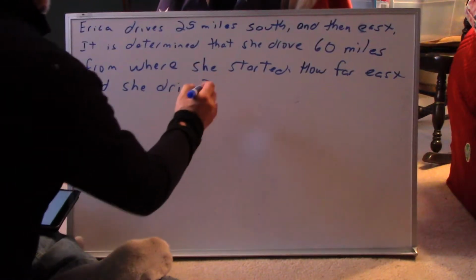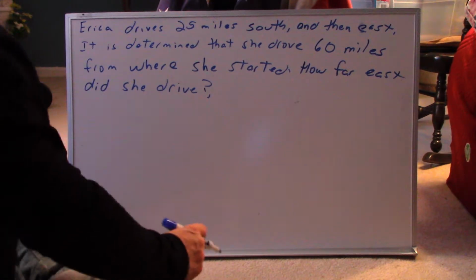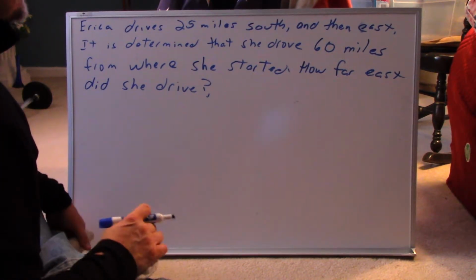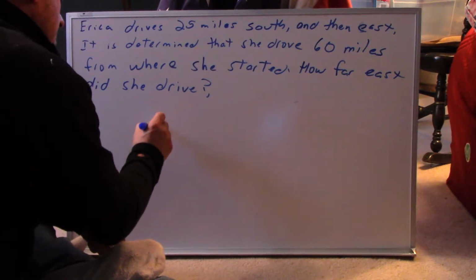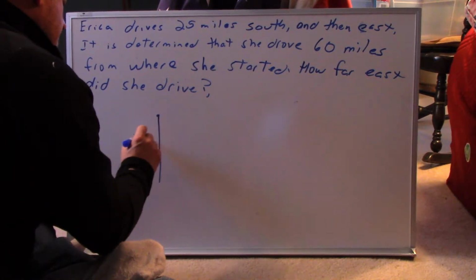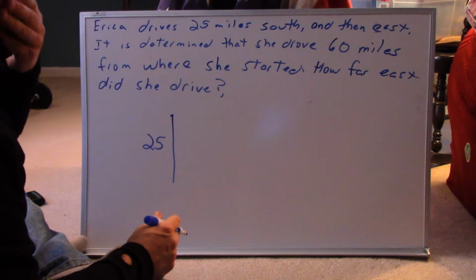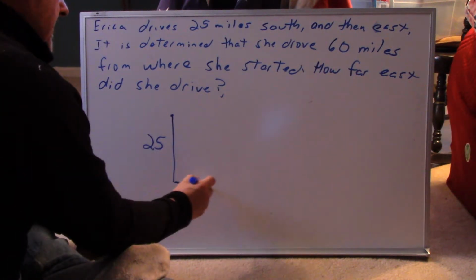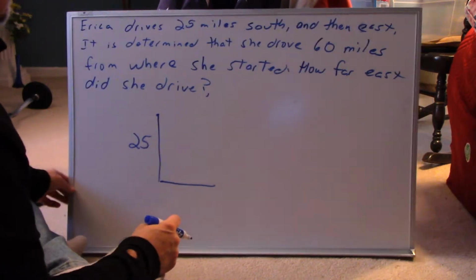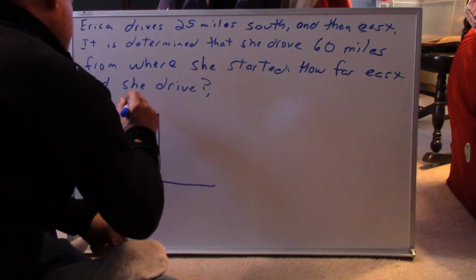Let me go over this again. Erica drives 25 miles south. Let's just say I'm going to start her here. It doesn't matter. So she drives 25 miles south, and then she goes east. East is this way. This is where she started.